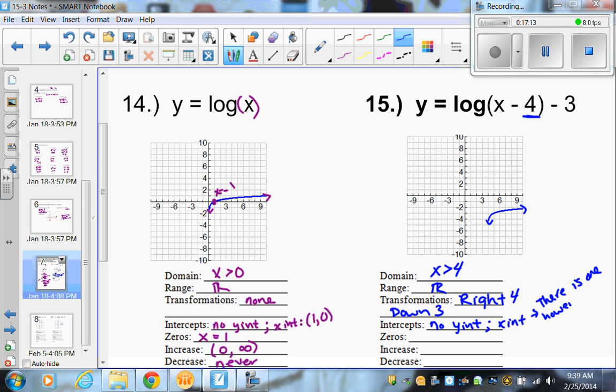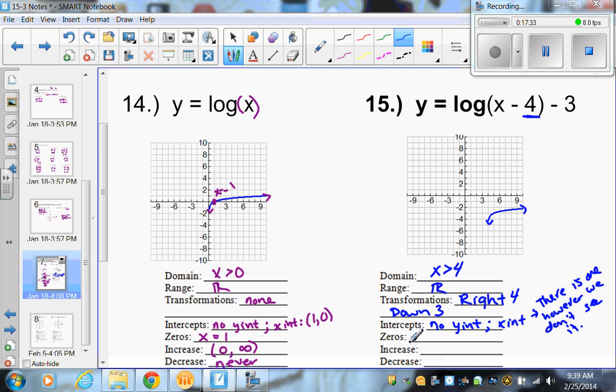However, we don't see it. Don't just write none, because there is actually an x-intercept, and we need to know that you realize that this does keep going up. It doesn't just stop.